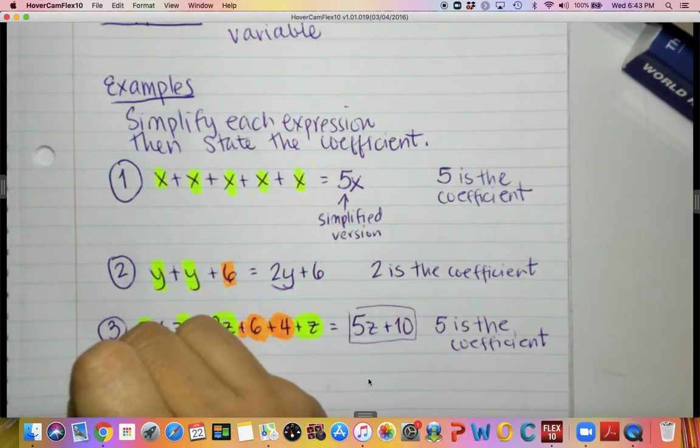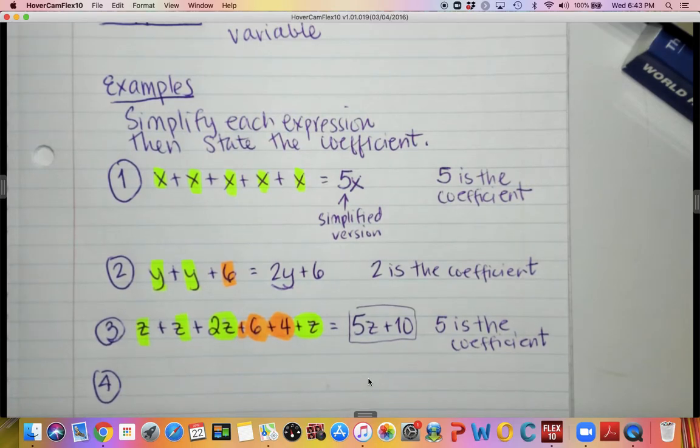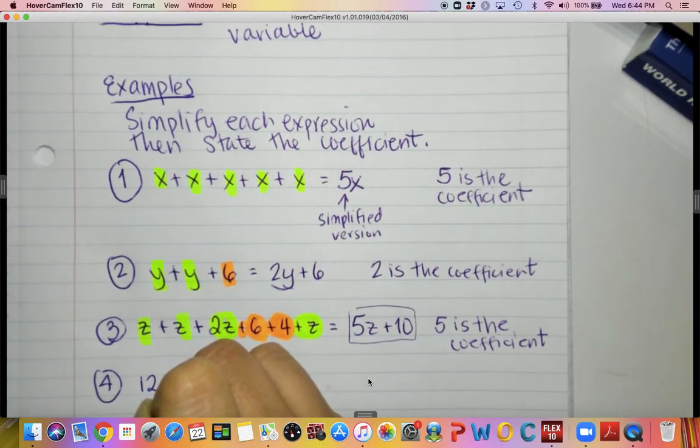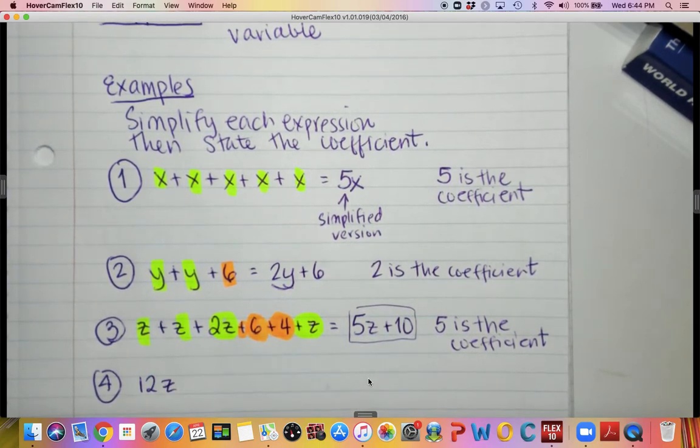Okay, now I'm going to give you one that has positives and negative numbers, or pluses and minuses, because they're the same when we talk about algebra. And that way we have to figure out what is what. So I'll start off with an easy example. This one is z again, which is fine.